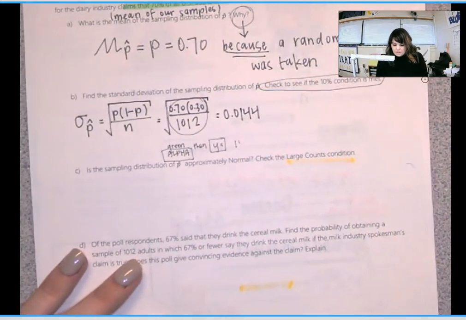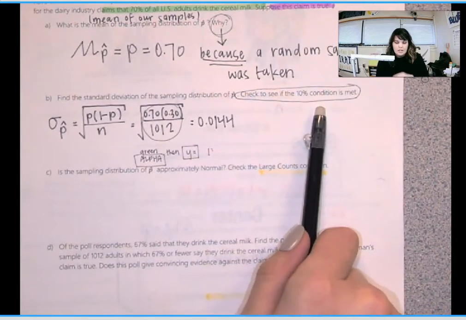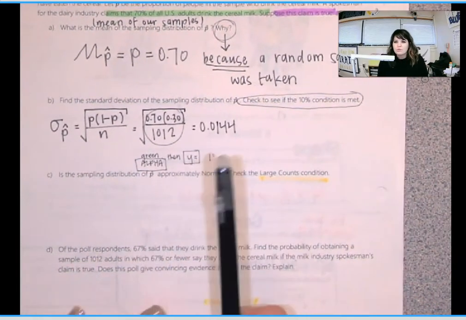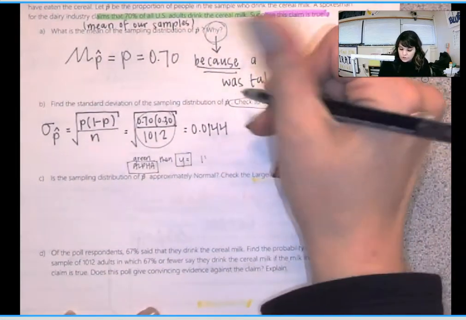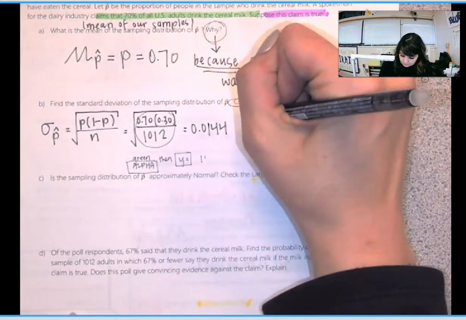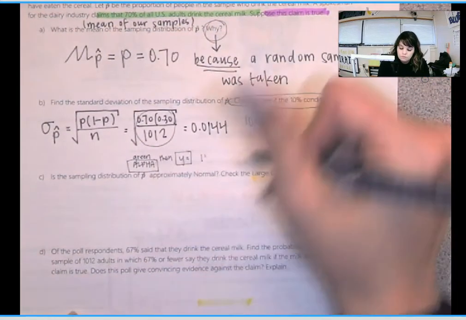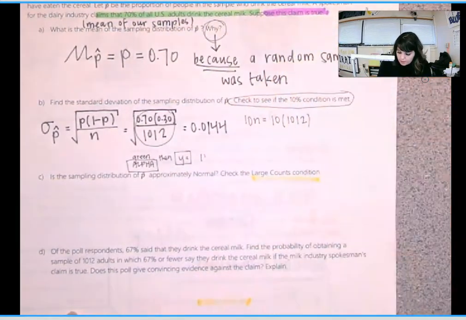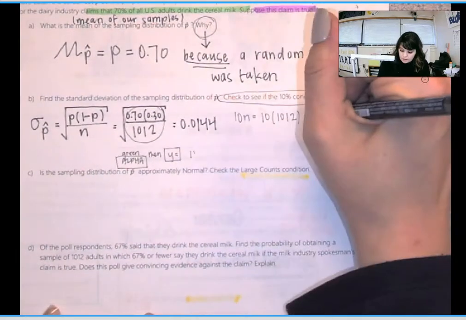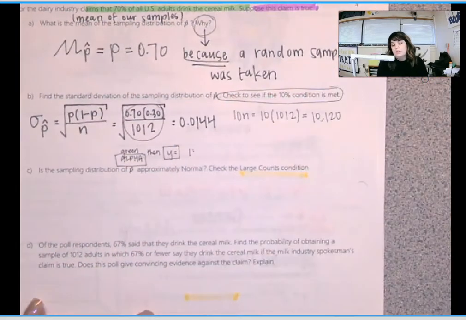Okay. So now we have to check to see if the 10% condition is met. And remember how I told you that I like to check 10 times n? So I'm going to say 10 times n equals 10 times 1,012. That equals 10,120.